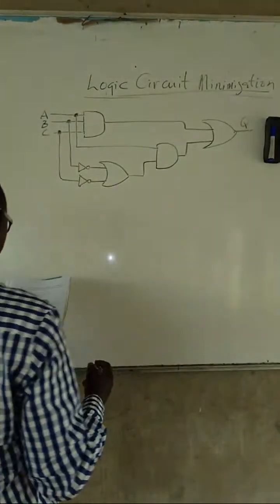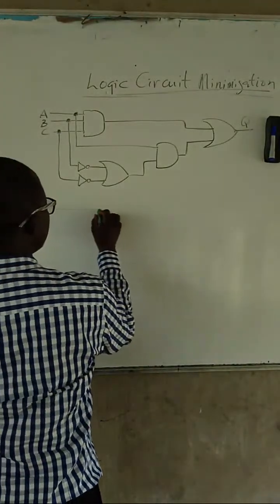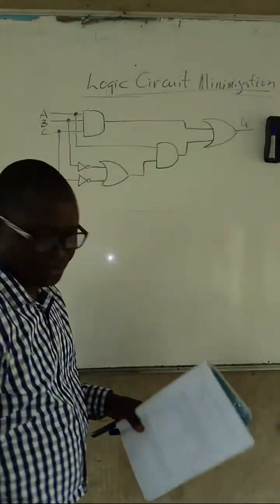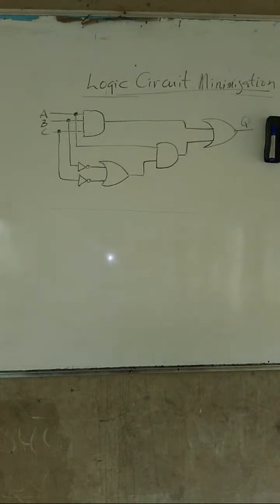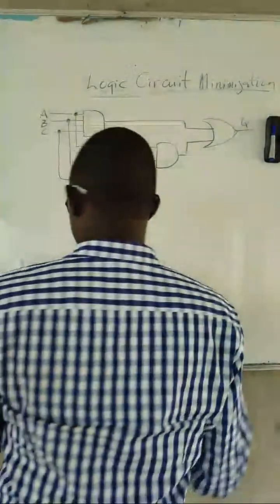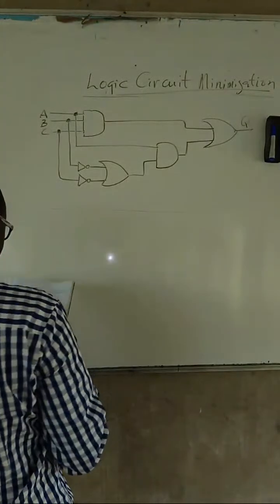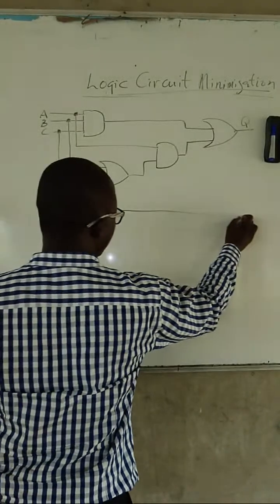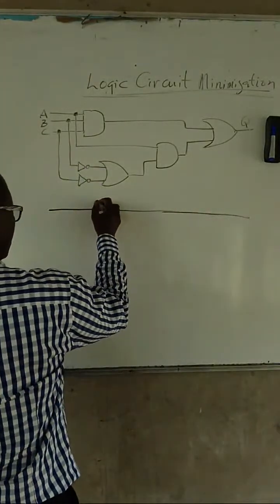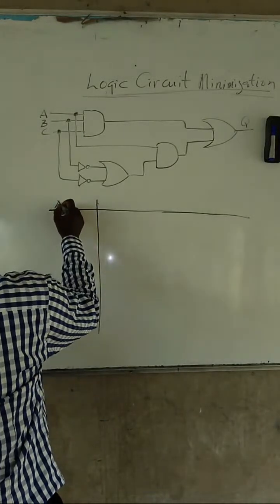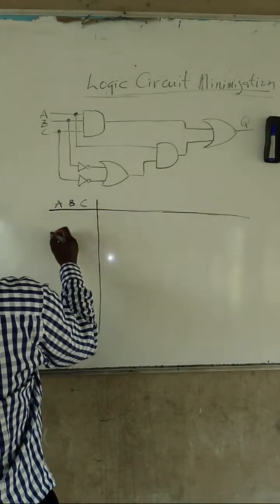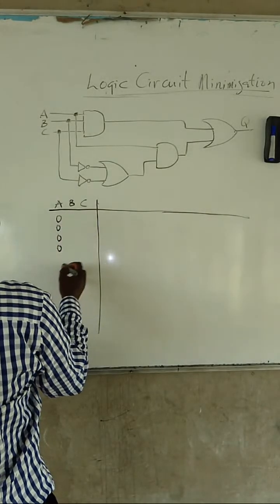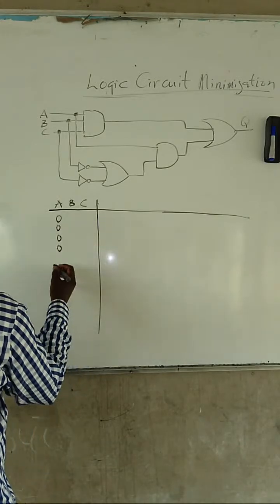So what we do is to have a long table like this. The long table has several intermediates, and the table has eight rows. Since we have three inputs, we have inputs A, B, C. You divide them into 2 first, then you write 0 first.